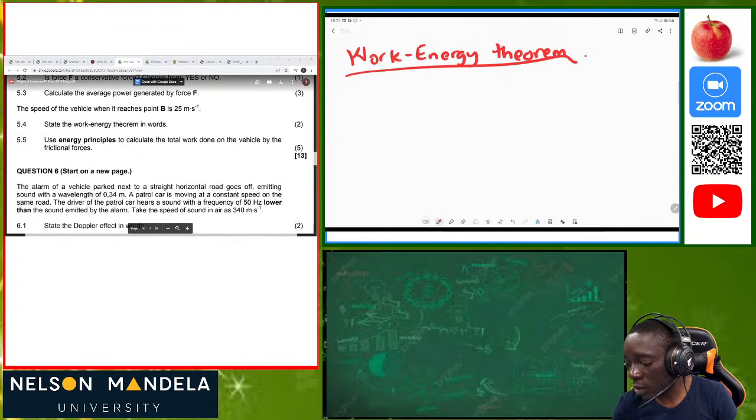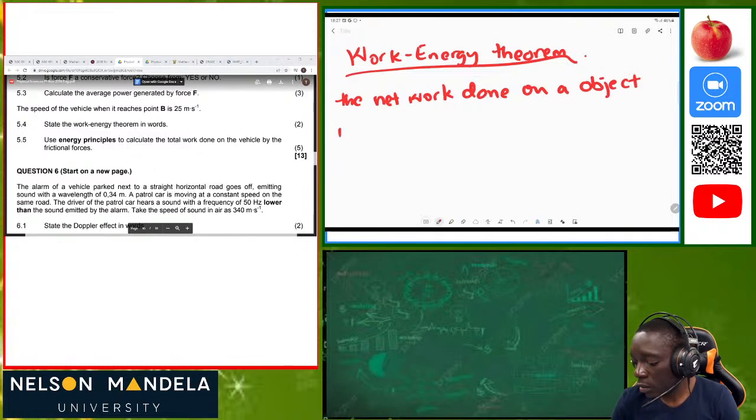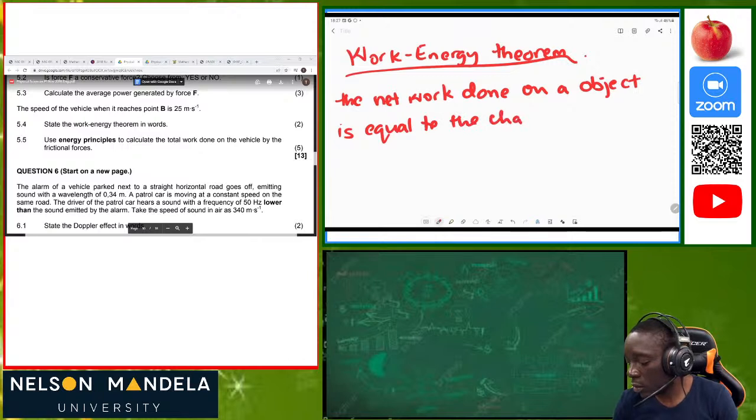So it's about the net work done. The net or total work done on an object is equal to the change in its kinetic energy.